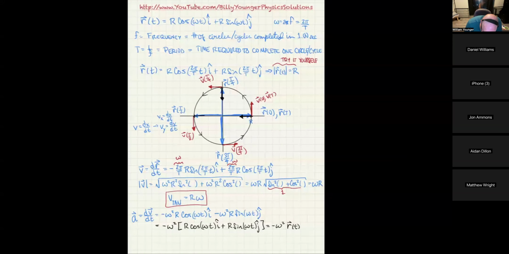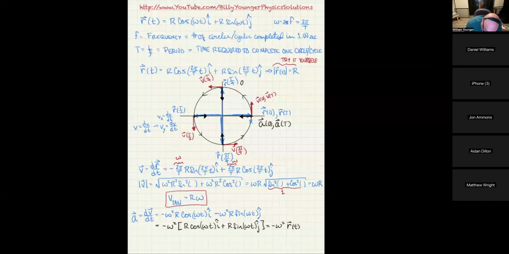And it always points radially inward, whereas the r pointed radially outward. I'm saying the word radial, like you've heard of radial tires. So in this case, this is r of 0, or excuse me, it's actually a of 0, and you'll find out also it's a of t.